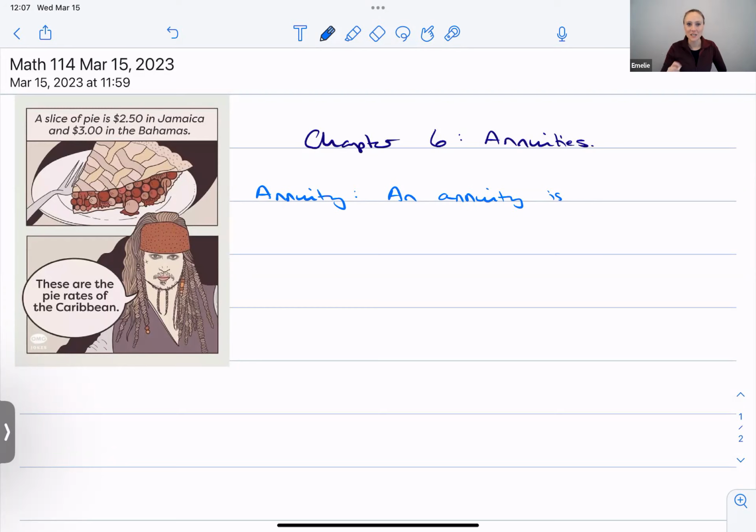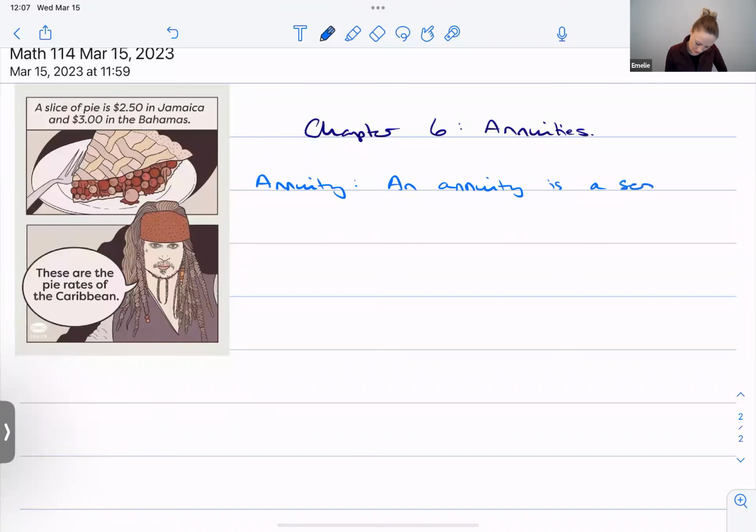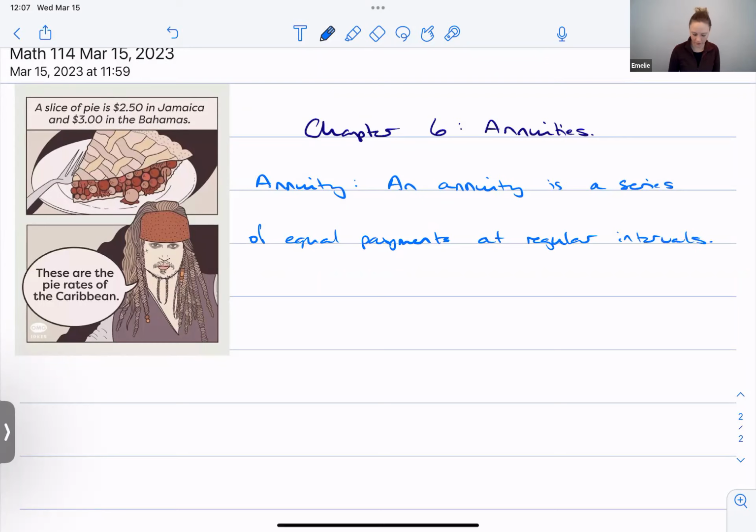All right. So an annuity is a series of equal payments at regular intervals. So for example, a car loan, a mortgage, but also things like retirement savings.